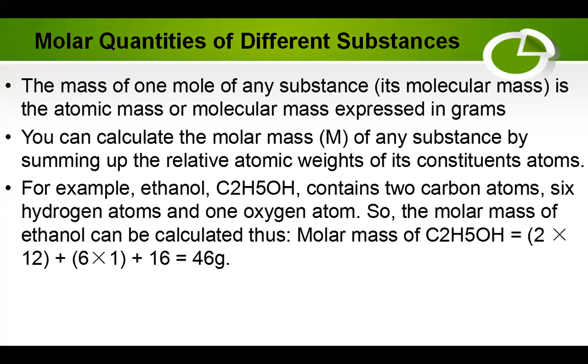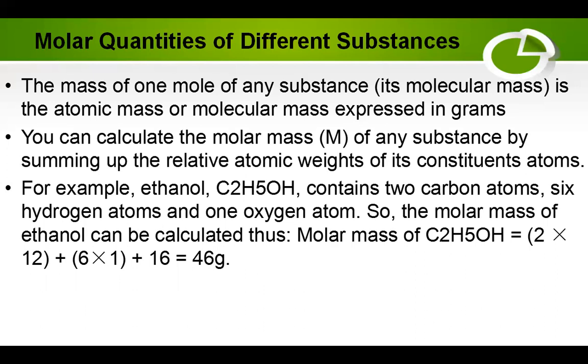As you can see from this formula, it contains two carbon atoms, 6 hydrogen atoms, and one oxygen atom. So the molar mass of ethanol can be calculated by taking the mass of each one, then adding them.